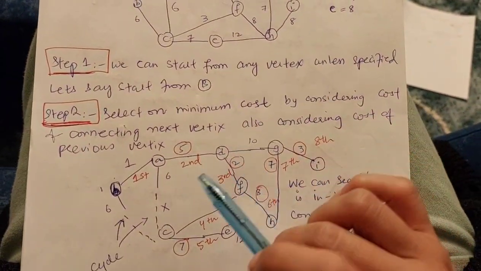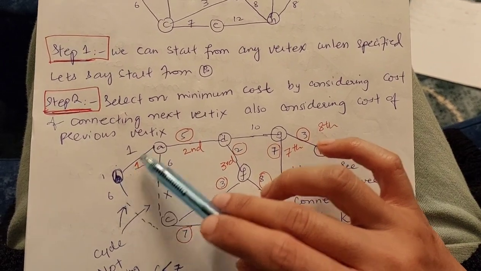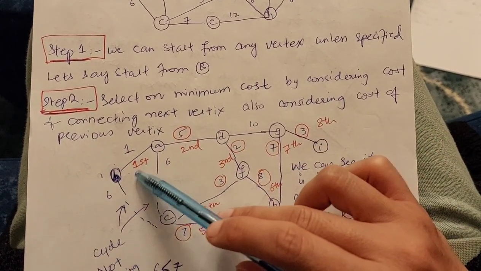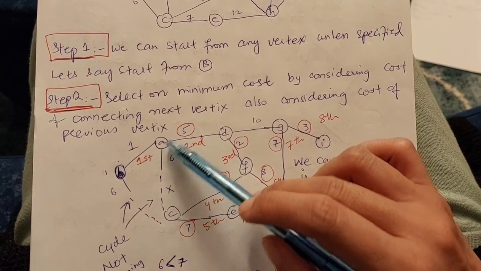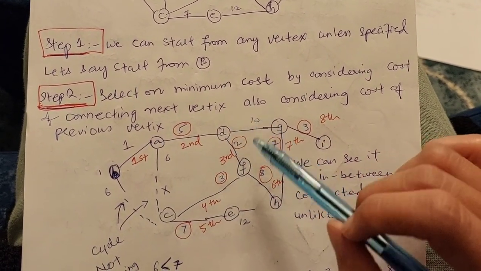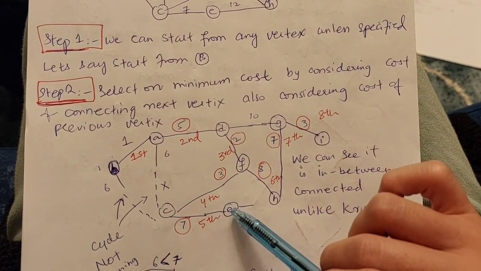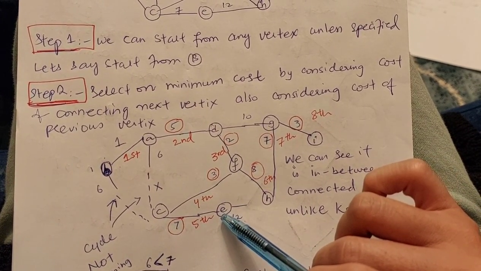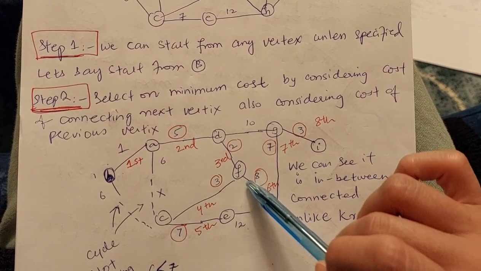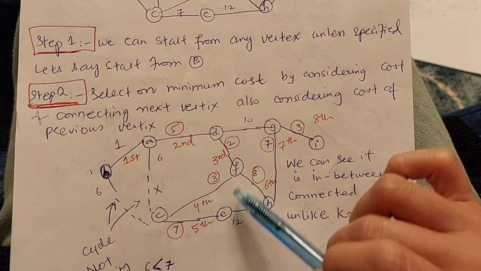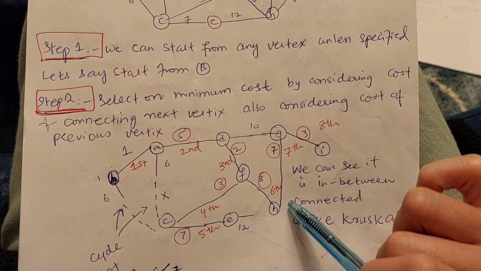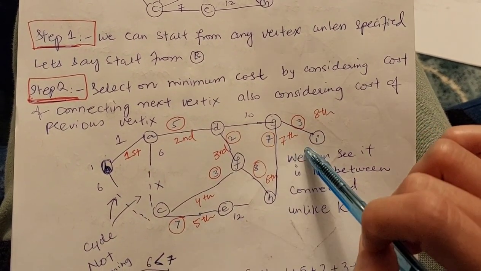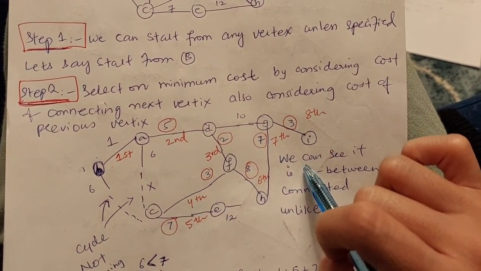So now see, all my nodes have been visited: B, A, D, F, C, E, and then, okay, this is the sixth one, we went from F to H, and from H to G, and from G to I. So all my nodes have been visited.